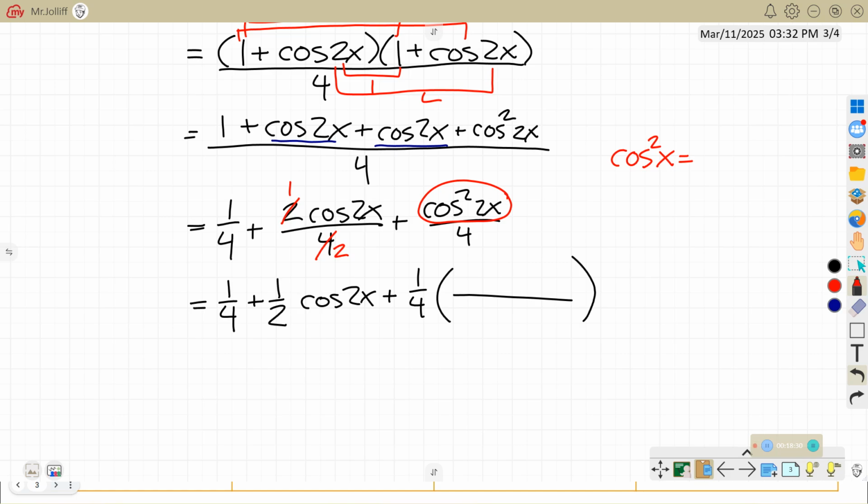So the original is cos squared x is 1 plus cos 2x over 2. We do not have cosine squared of x. We have cosine squared of 2x. The question is, what does that do to the formula?